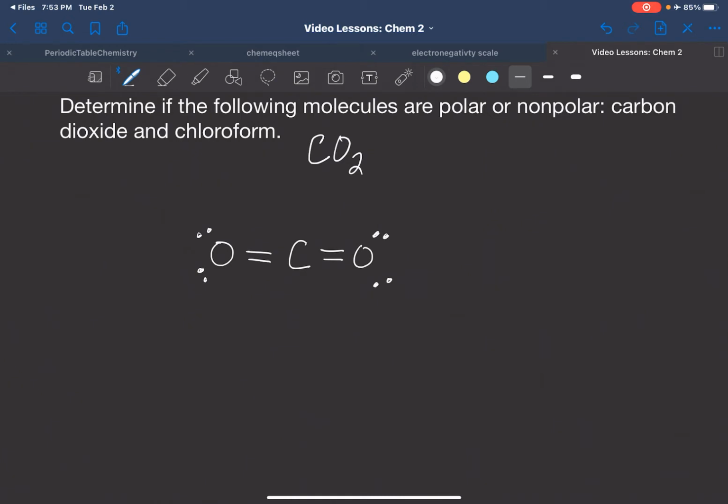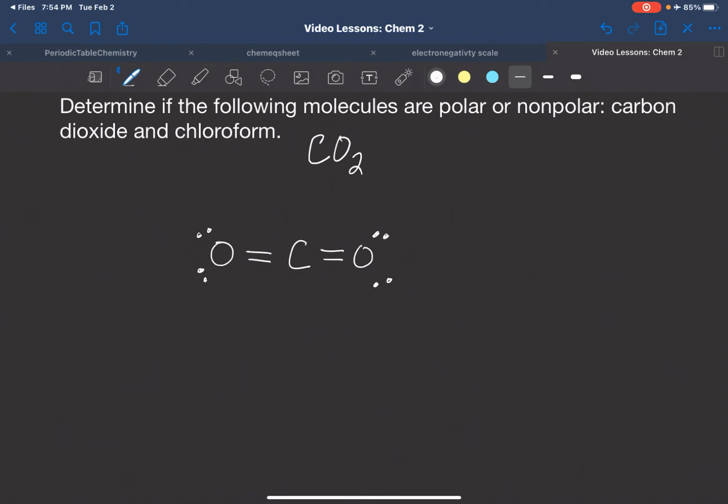What we need is to evaluate what's going on with the electronegativity values for each of the atoms the way they're bonded. Electronegativity is this concept where there's a constant push and pull.